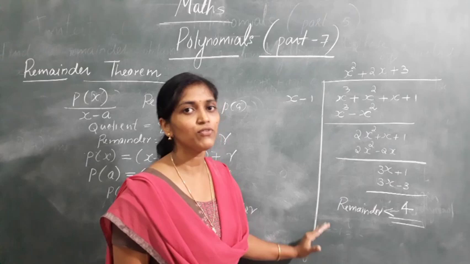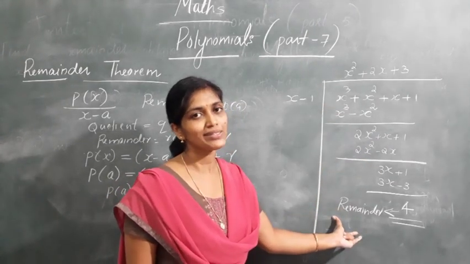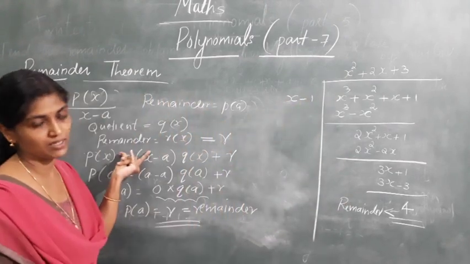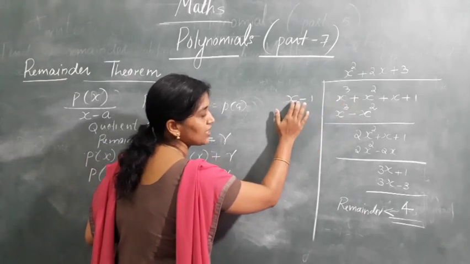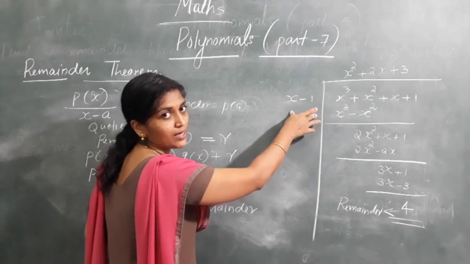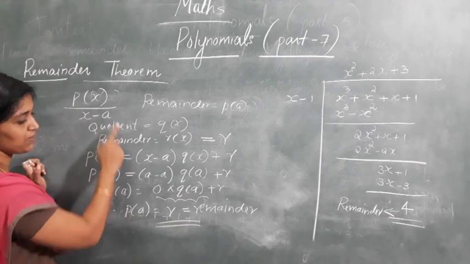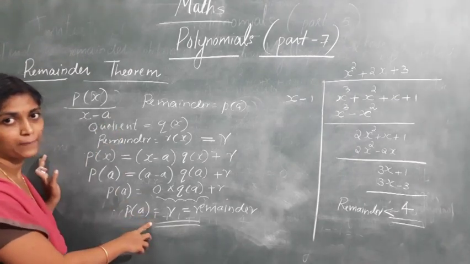Only if you are asked to do it by the division process, you can go for division. Otherwise, you can simply find the remainder using the remainder theorem. But keep in mind, this is the division of a polynomial by a linear polynomial alone, that is, a binomial. If it is divided by x minus a, the remainder is equal to p of a.